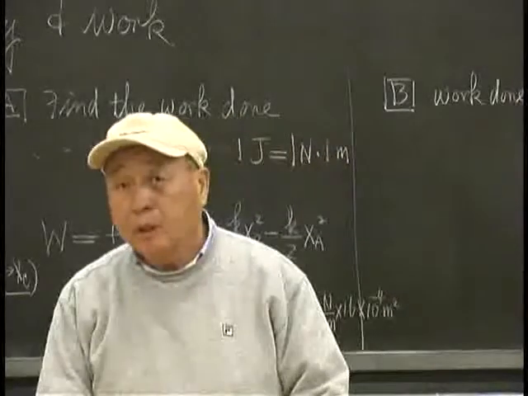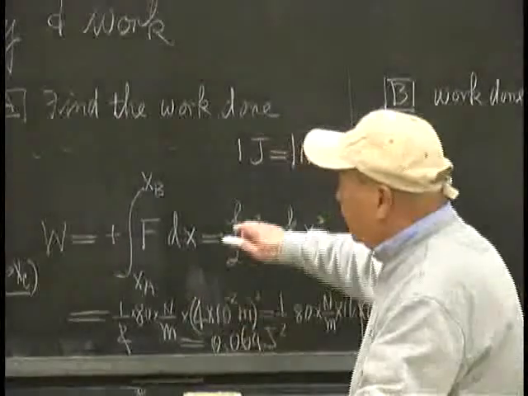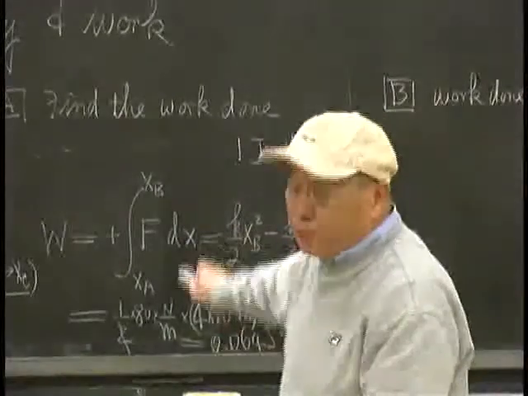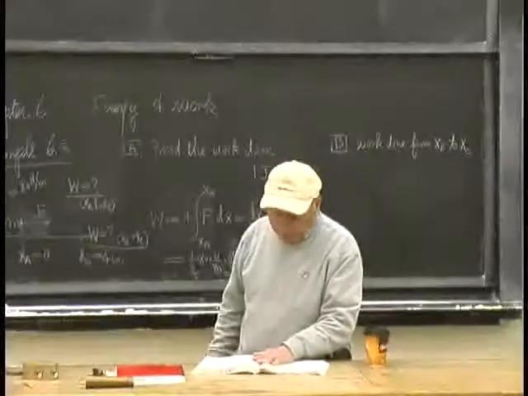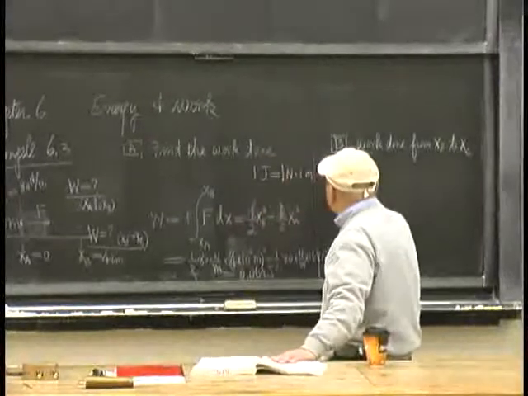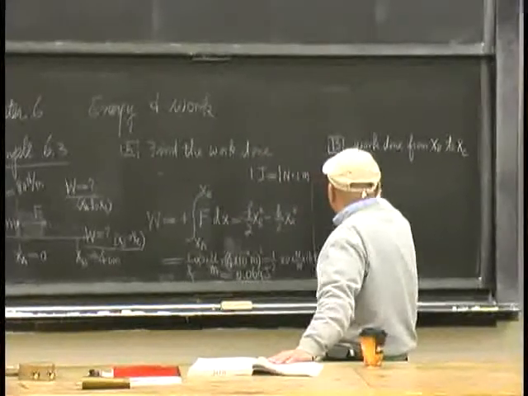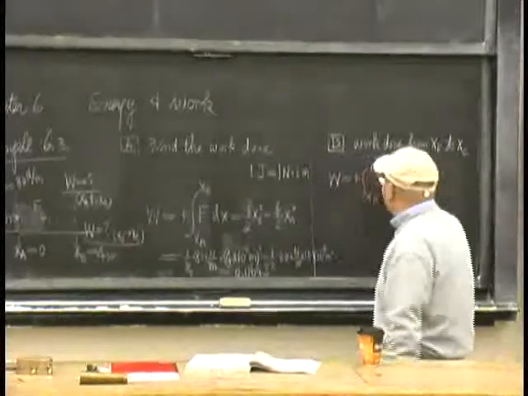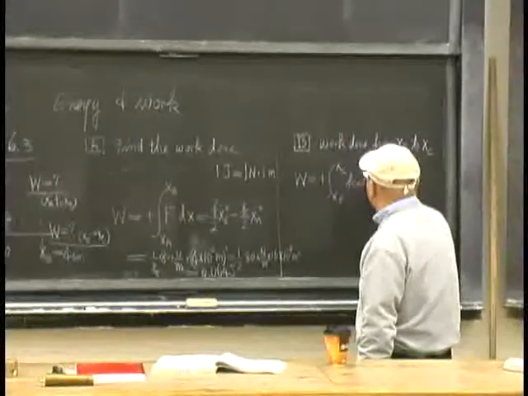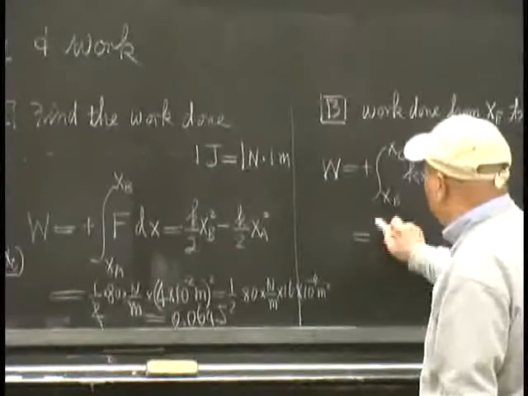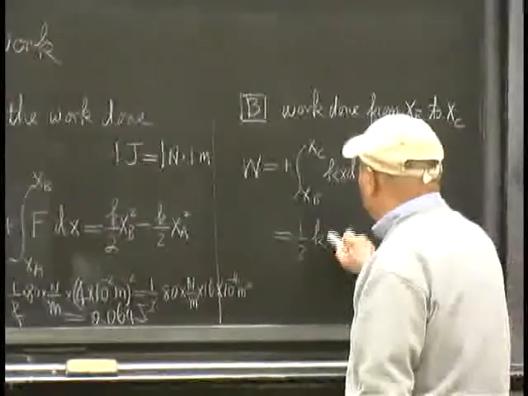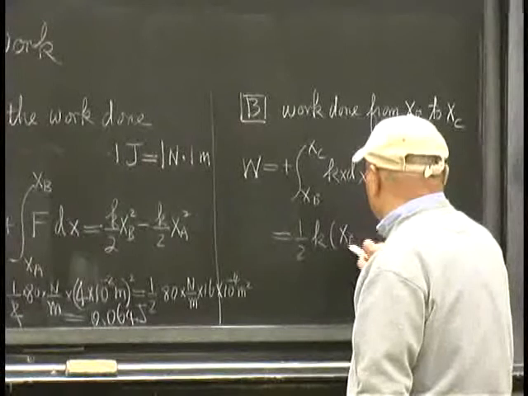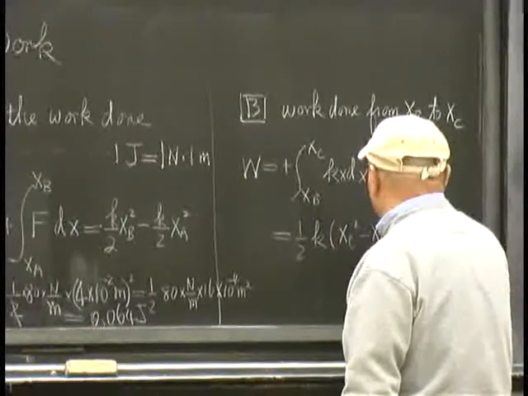So 0.064 joules. This serves as an example of how you proceed in solving the problem. You do the same thing here: the integration from XB to XC of kx dx, and then you have 1/2 k times XC squared minus XB squared.